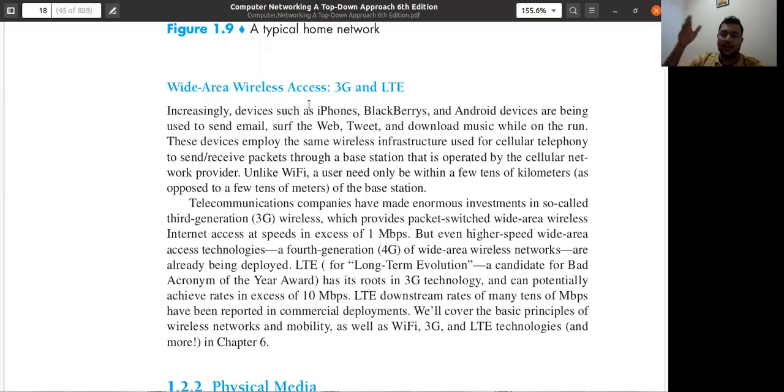3G, LTE, now even 4G, 5G. So many things are there, but that is not part of our syllabus. I think this much is sufficient for you to understand the cellular technology for accessing the edge router, and then finally the network resources or infrastructure network.